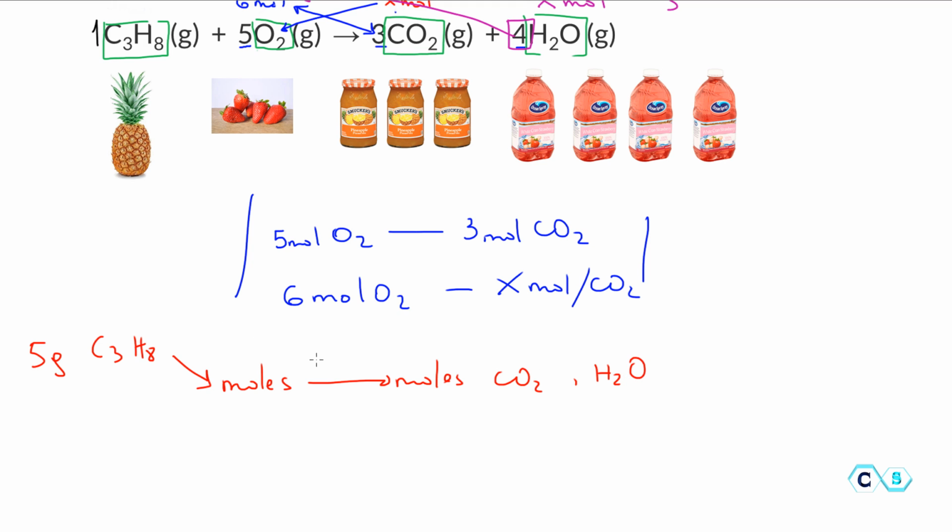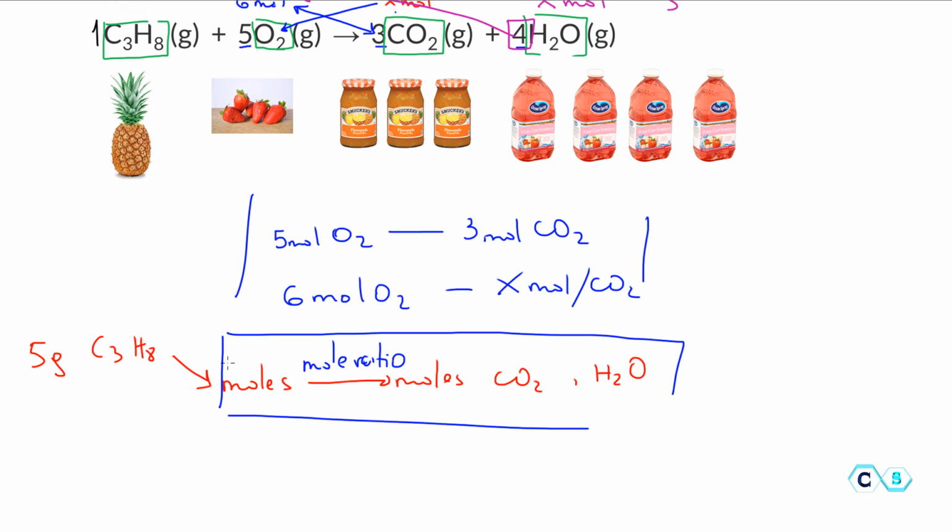In stoichiometry, the key is here. You want to convert everything that is given, whether it's in grams or volume, to moles, and then we can do the conversions here. In the next few problems, we'll do some examples converting from grams, so you can get more practice on this.